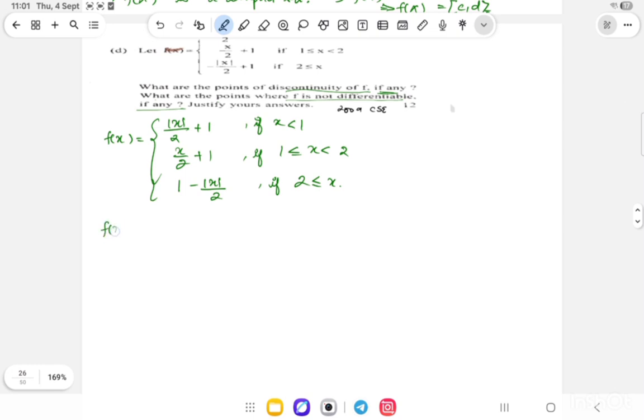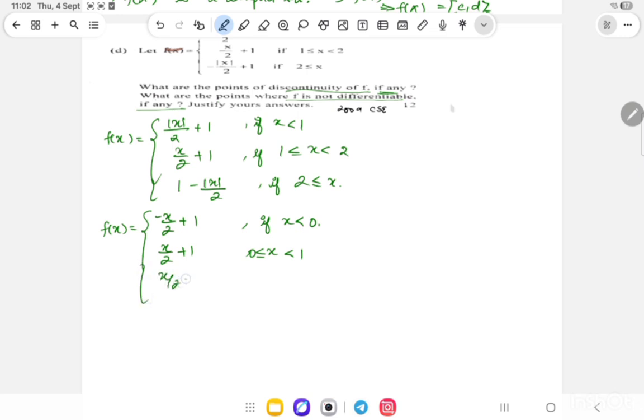So first let us write f in a simplified form. So f will be basically minus x by 2 plus 1 if x is less than 0, and x by 2 plus 1 if x is greater than or equal to 0 but less than 1.